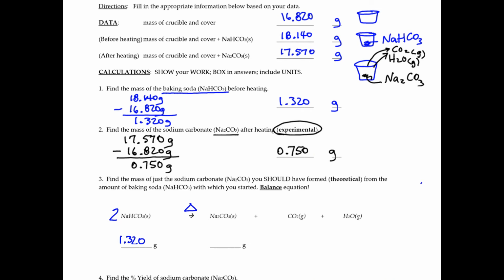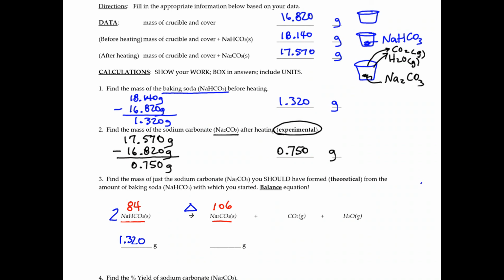Now I want to figure out how much should be at the end. How much Na2CO3 should I have formed, understanding that this gas will not be measurable and this gas will not be measurable. Whenever you answer the question how much, we're doing stoichiometry as we've been learning in this chapter. This is going to be the big bridge for grams. You have to add up from the periodic table the sodium bicarbonate and the Na2CO3, sodium carbonate, and you get 106.